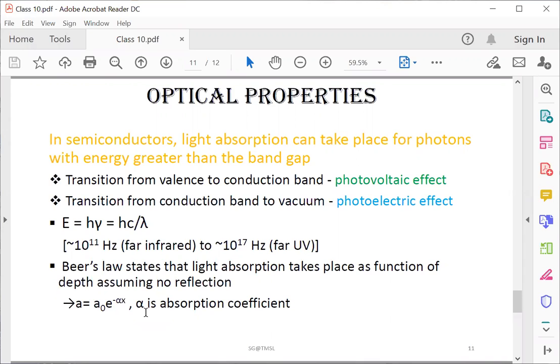So at the surface the absorption is A naught, and as you go to higher and higher depth, the A value will reduce. That is Beer's law.